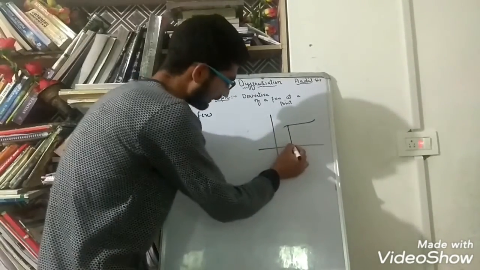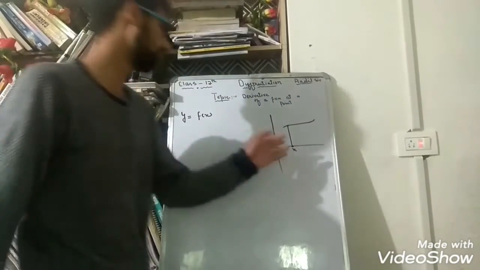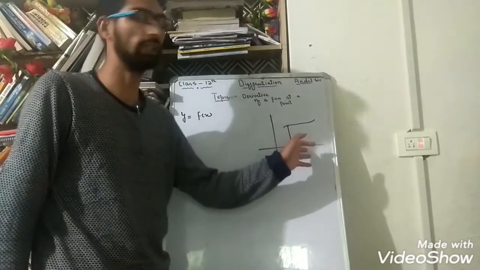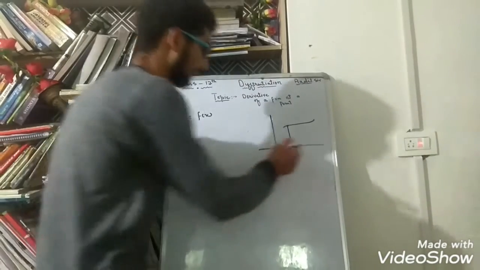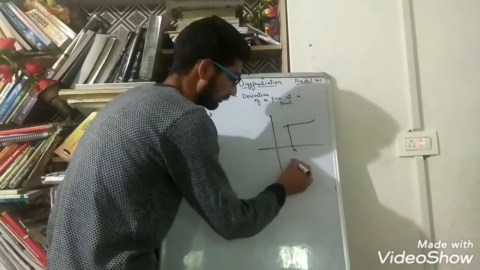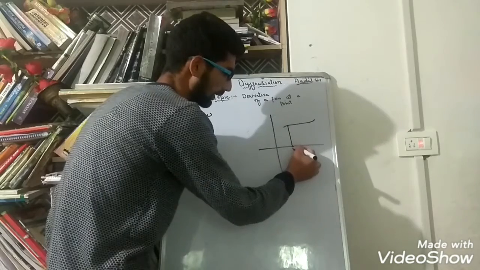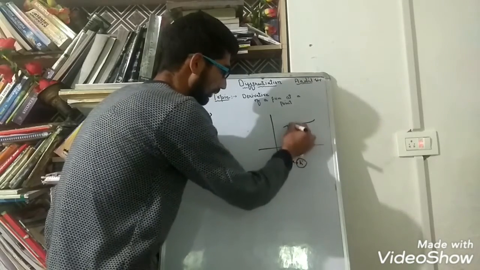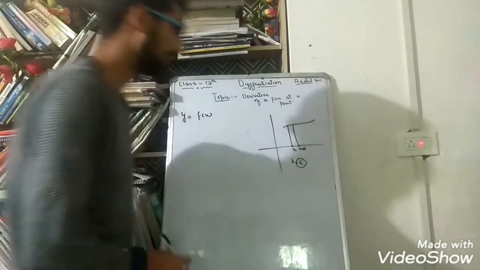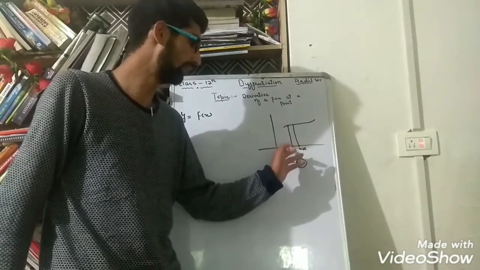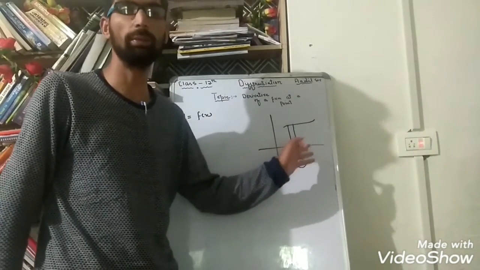If we give a small change to this x, either to the left or towards the right, for example plus h, it will come out here at x plus h, and this change that we have made to x is called the increment.